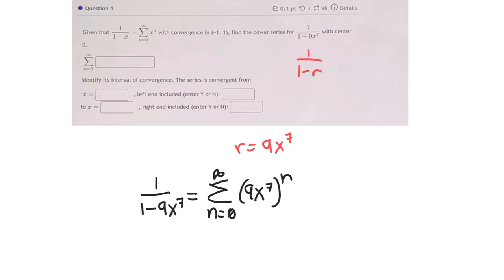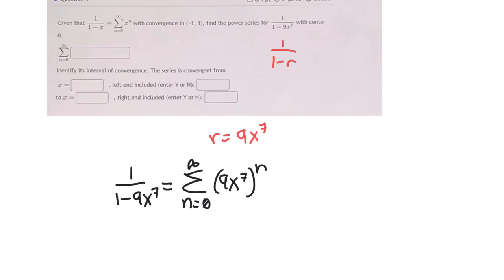Keeping in mind that this is the r, we could do the same thing that we just did, in that we could apply the exponent across the board. So we therefore have 9 to the n, x to the 7th. I guess we could really say 7n. Hopefully my student watching recognizes that.